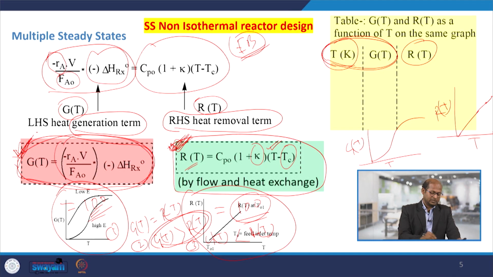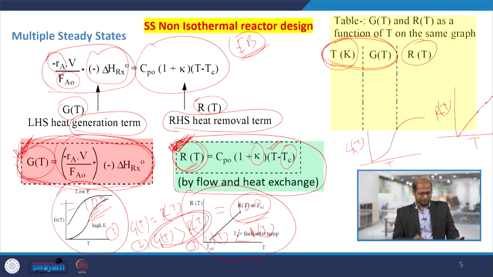Heat generation and heat removal both take place simultaneously, since the reaction is conducted. So, heat generation should be there, and by controlling the heat removal parameters, we can increase or decrease the heat removal, depending on need.